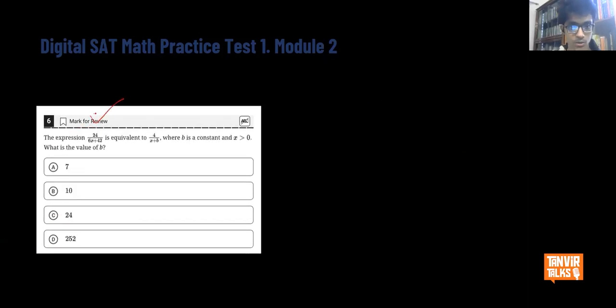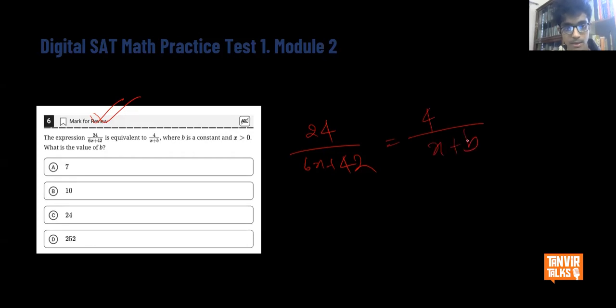Next question. The expression 24 over 6x plus 42 is equivalent to 4 over x plus b, where b is a constant and x is greater than 0. What's the value of b? We have to express it in this form.